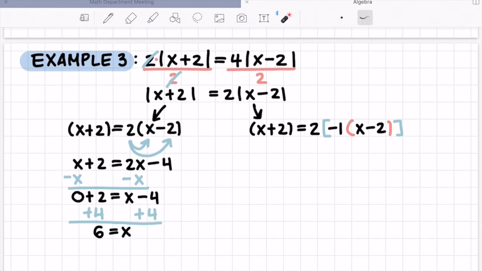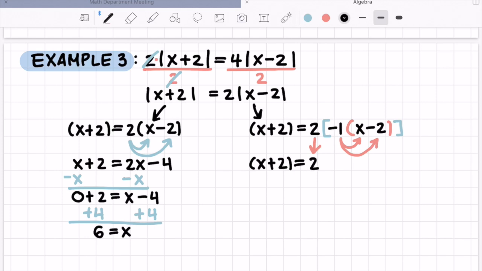Now let's look at the other problem over here. So the first thing that I want to do is distribute. I'm going to distribute my negative 1 to my x and then also to my negative 2. When I do that, I'm left with the parentheses of x plus 2 because I dropped that down. I'm also going to drop down my positive 2 because I'm still not solving that yet.